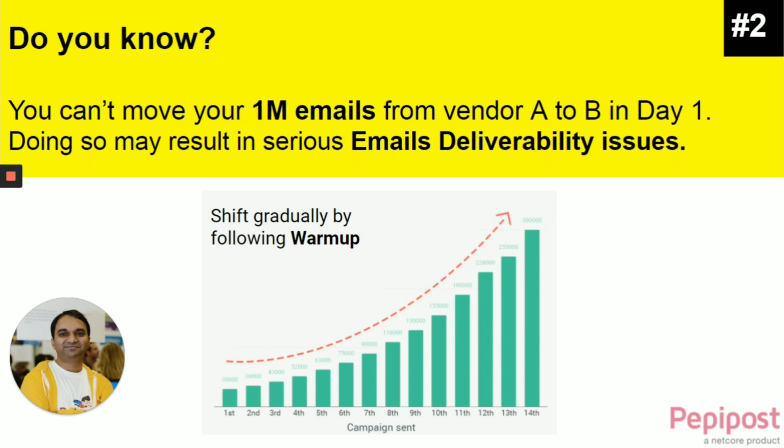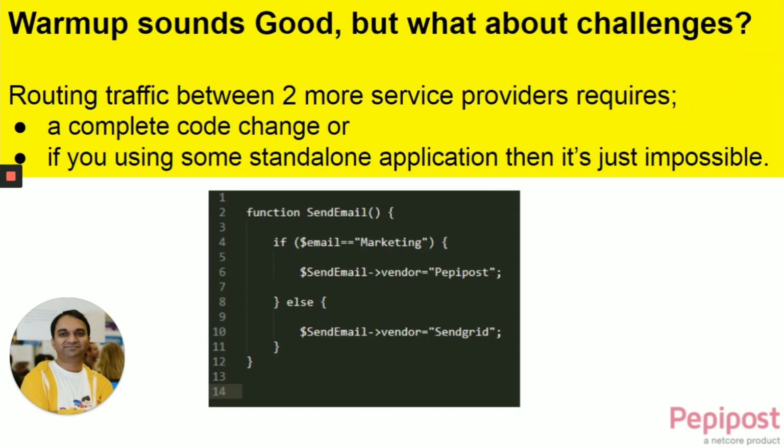There are a lot of other factors to keep in mind when you are sending email from the new vendor: whether you are getting good open rates, whether the click rates are okay, whether there is any dip in email delivery. All these things need to be measured, and then slowly you move your volume from vendor A to vendor B. Sounds good, like you should follow a warm-up process.